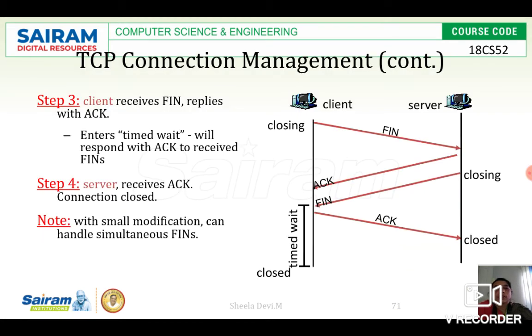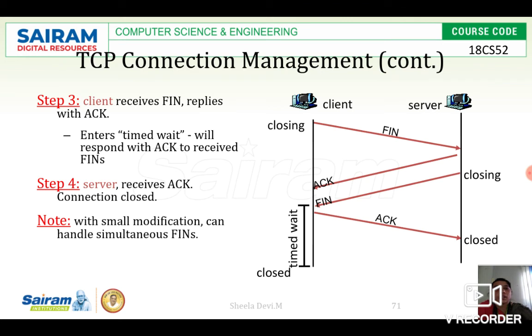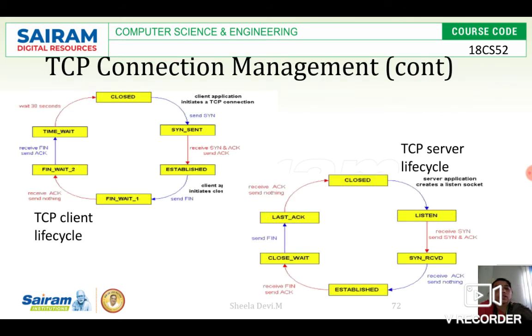As we said, this is the life cycle at the client as well as the server. Whatever is happening at the left hand side is mentioned in the client's life cycle. Whatever is happening at the right hand side, that is the server side, is mentioned in the server's life cycle. This is how the TCP connection management takes place. In the next session, we'll be seeing the congestion control mechanism.